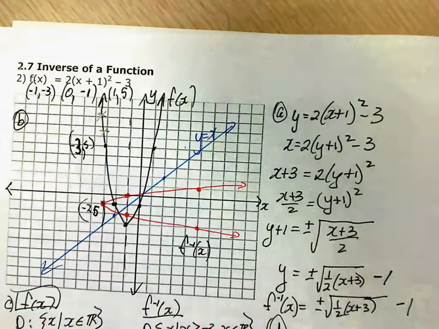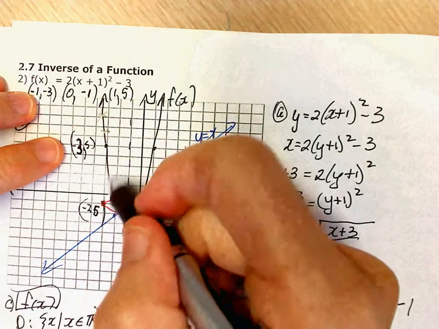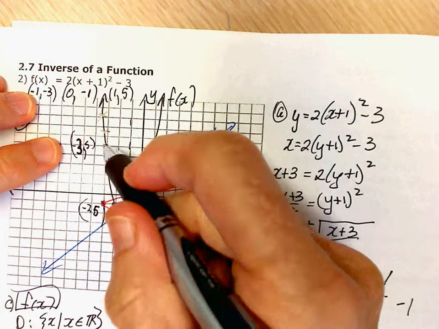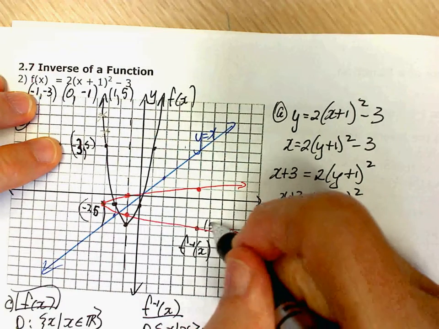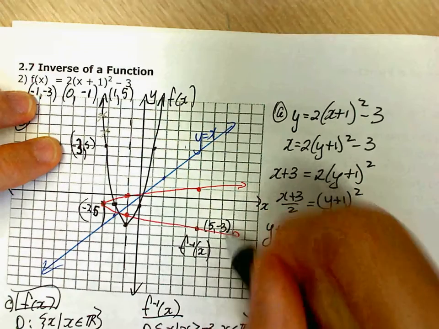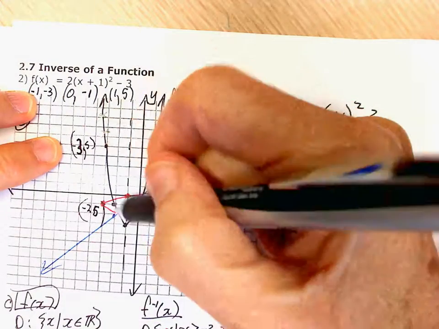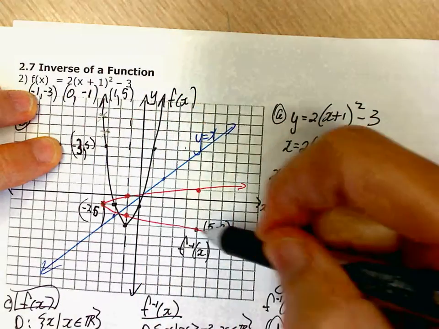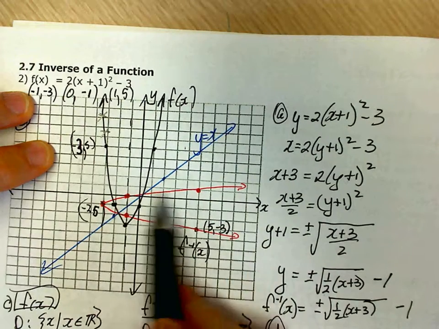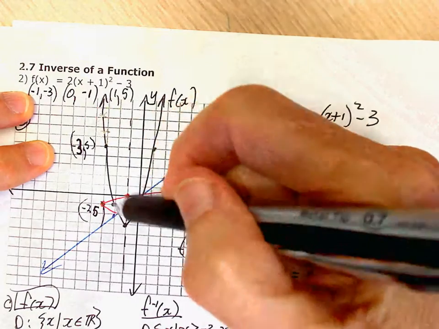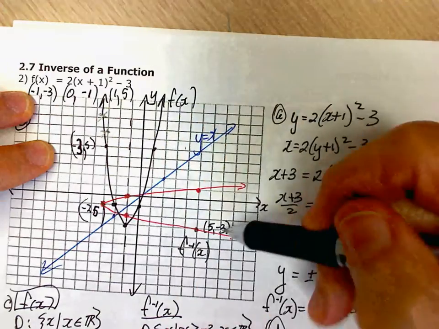Because if this point is -3, 5, this point is 5, -3. So can you see that this branch is coming down there, and the right branch is going to the top on the inverse? This goes here, the right branch goes here.